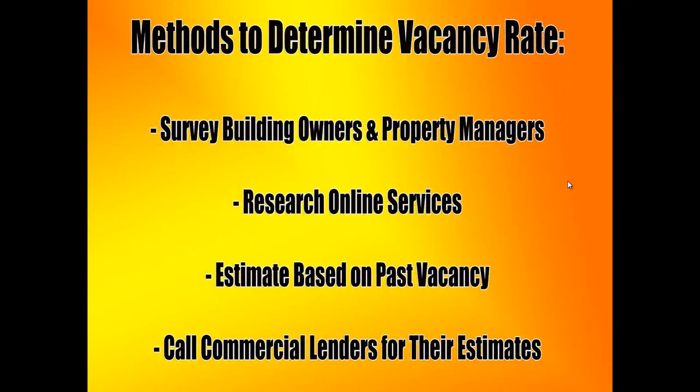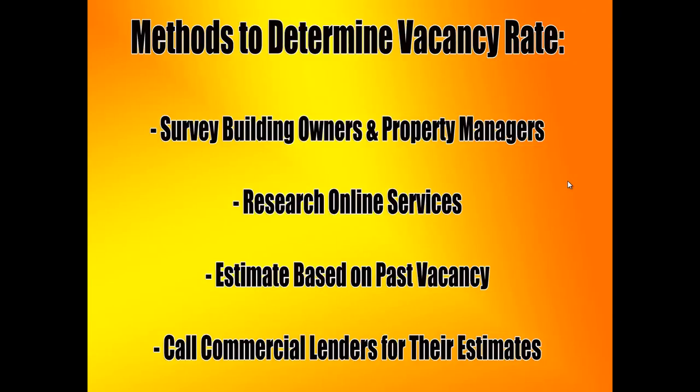Well, there's a lot of ways to determine an appropriate vacancy rate in your area. You could survey surrounding buildings, call the owners or property managers or realtors listing buildings around the property that you're trying to price, and verify the amount of rentable space and the amount of vacancy, and then try and average it. You could try and buy a report on CoStar or from a local commercial information exchange like Catalyst or Comrex.